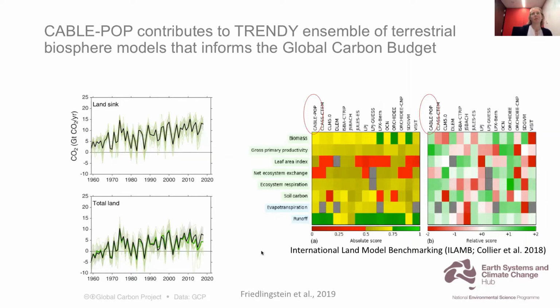On the right, we show what's now a standard component of this analysis, which is the benchmarking of these models against observational data, showing the representation of our model CABLE-POP in the leftmost column there. If you just focus on the right-hand grid, the green colours represent a relatively good performance. So on the whole, we're performing well within the ensemble.